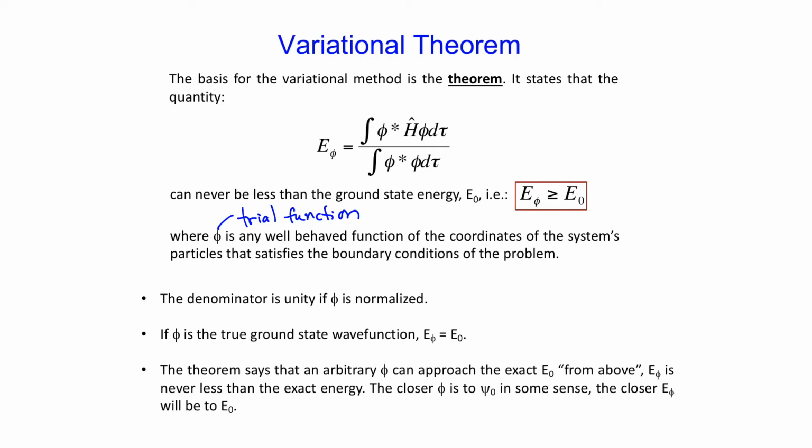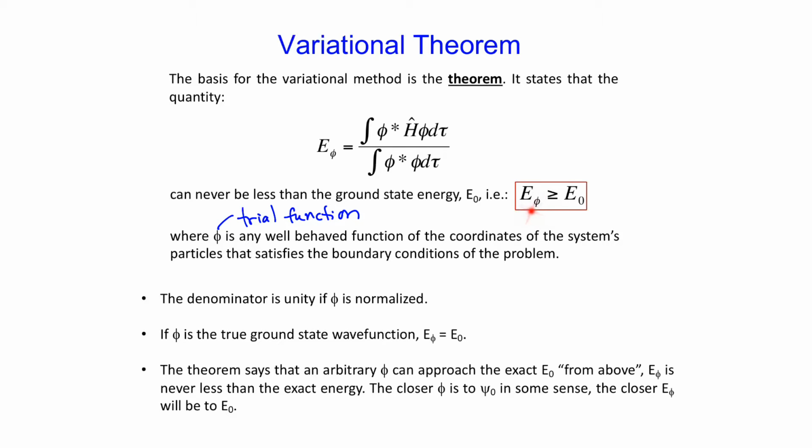So you'd plug in your trial function that you've developed, do this calculation, and come up with an energy that corresponds to that trial function, and then the variational theorem tells you that the result that you get for your trial function energy can never be less than the ground state energy.